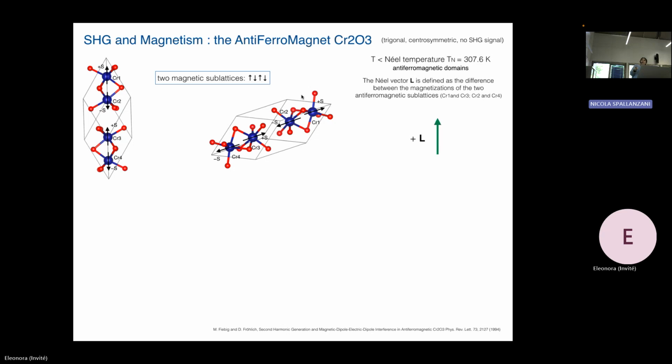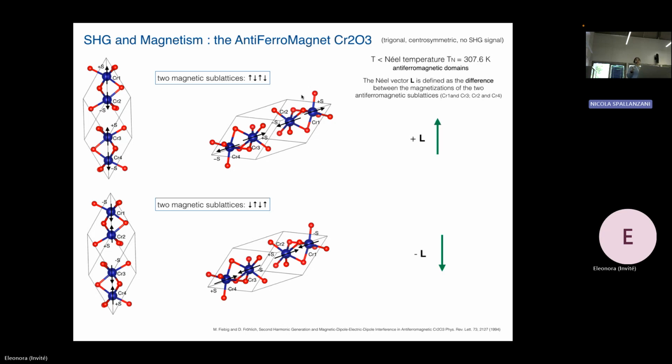Which means that if you calculate this vector L, which is defined as the difference between the magnetizations of the sublattices of this unit cell, you can have a vector that points along one direction, or you can have a vector that points in the other direction. Okay, so you imagine you decrease your temperature below the Néel temperature, and you can have up, down, or you can have down, up.